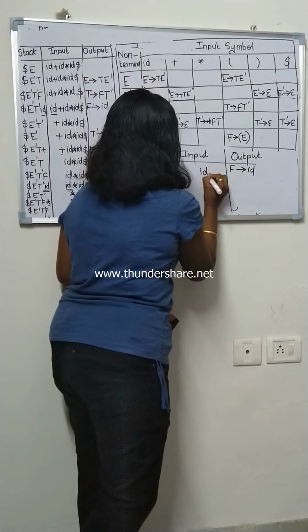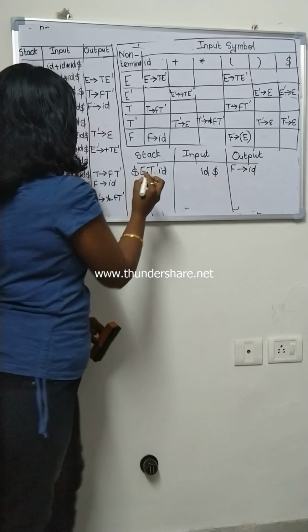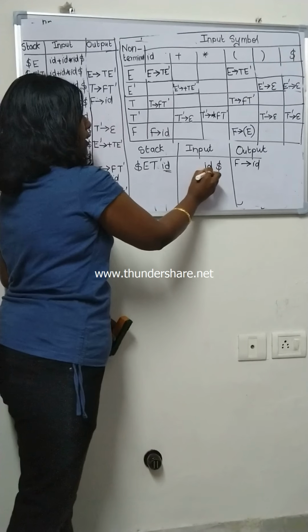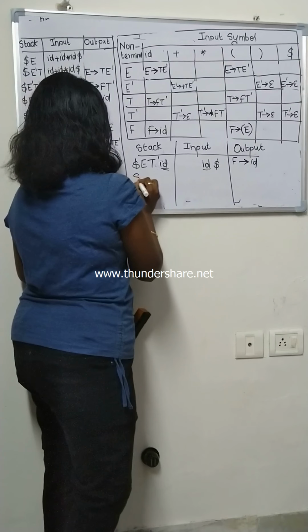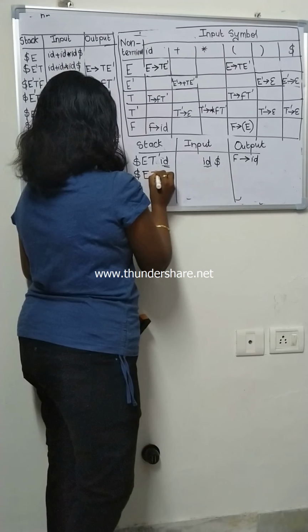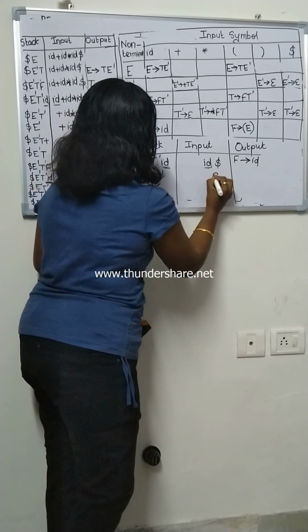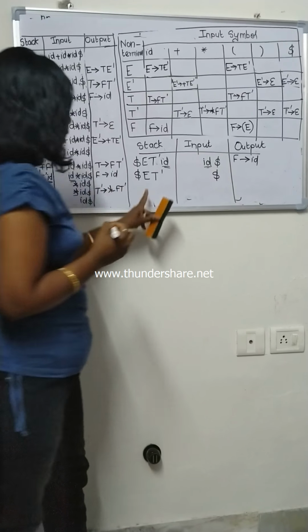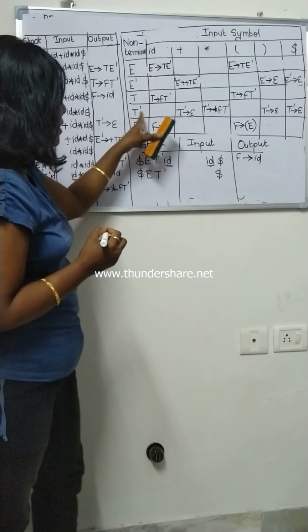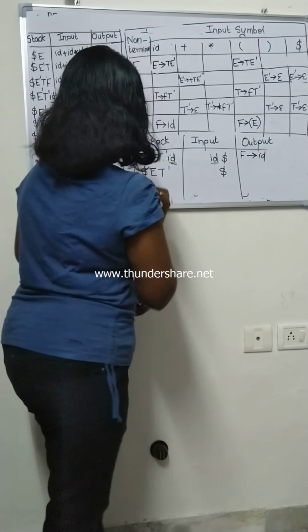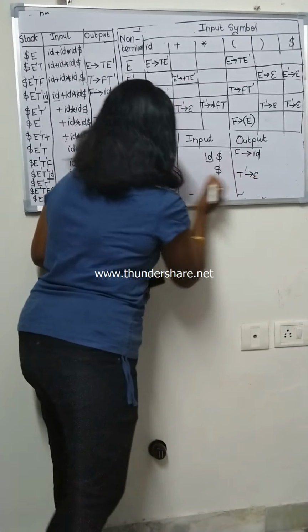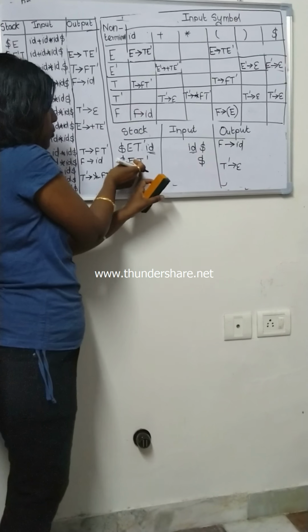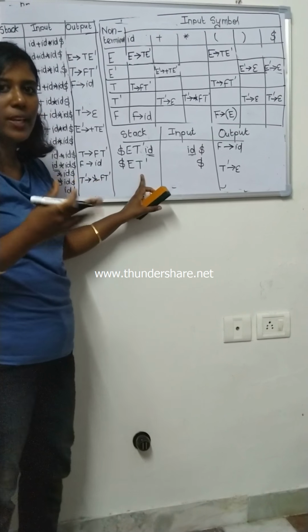So ID $. Now if you see here also you can see ID and here also you can see ID. So I am going to remove these two. So it will be $E T dash and here it is $. Now I am going to check T dash $. So T dash $ is null value. If I substitute null over here, there won't be any value.